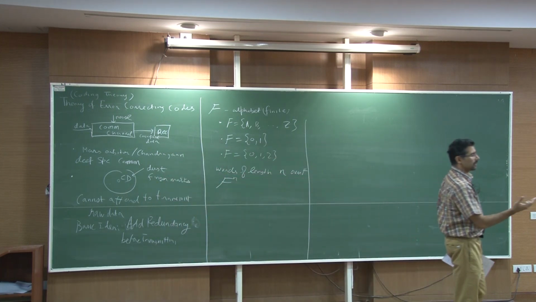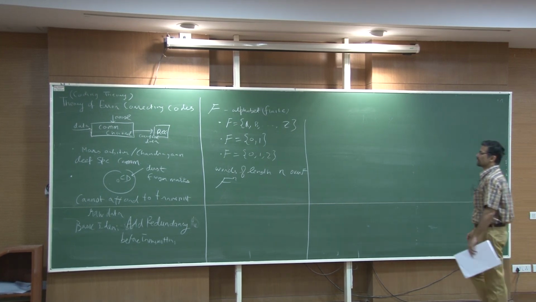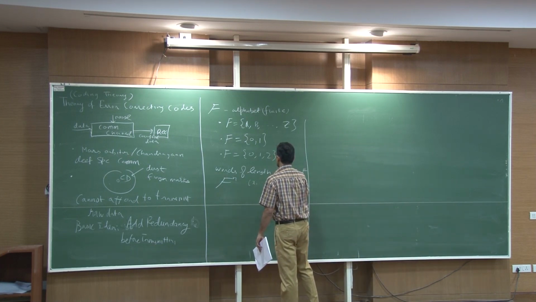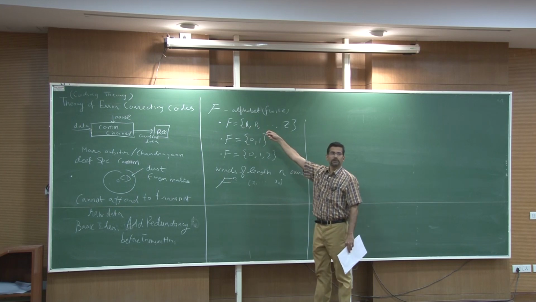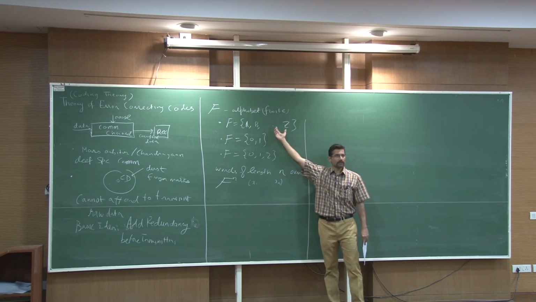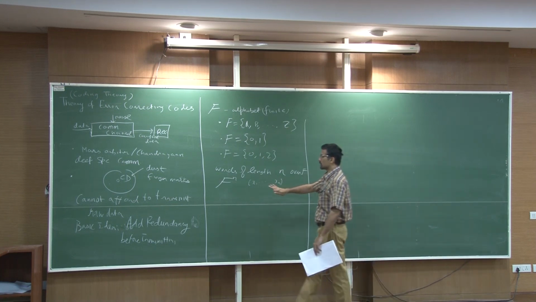What does an element of this Cartesian product look like? Just an n-tuple x1 up to xn, where each xi is, for example, just an n-letter word from your uppercase alphabet. So this is our space.